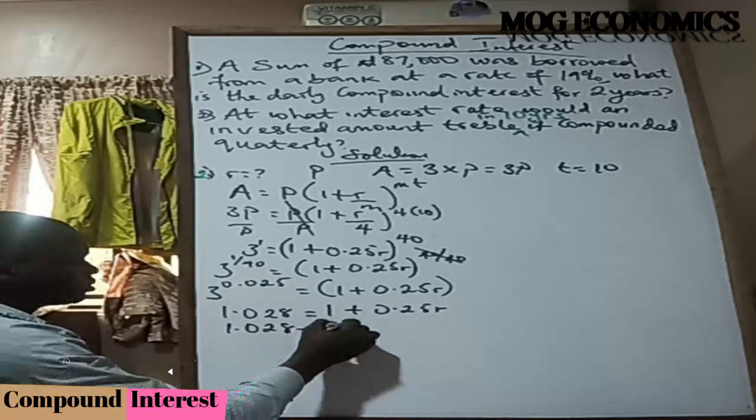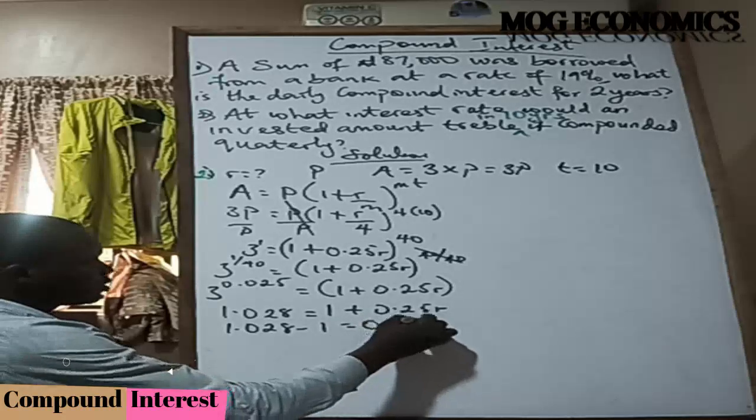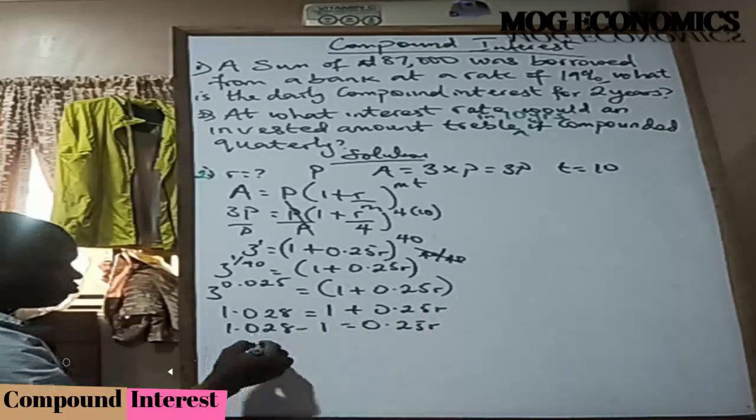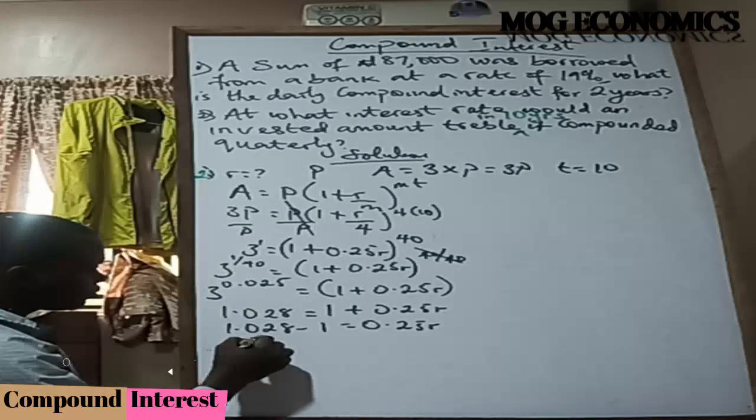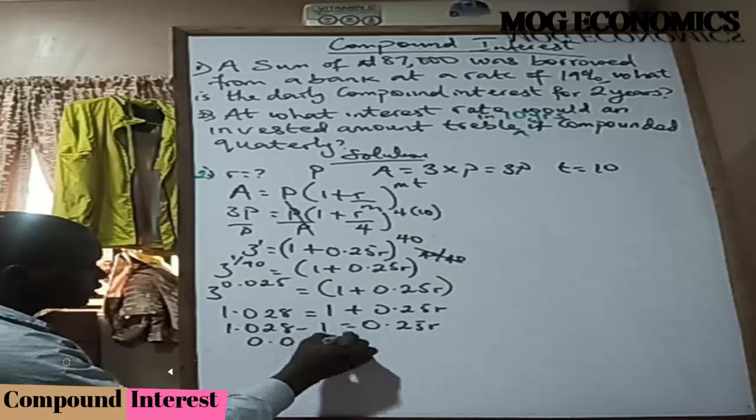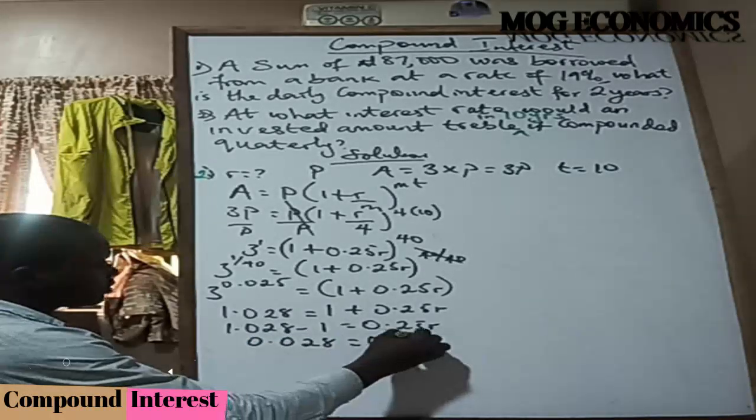1.028 minus 1 equals 0.25r. And then we have 0.028 equals 0.25r.